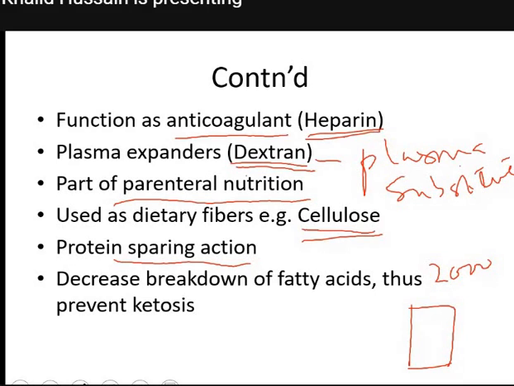In certain diseases, this energy need is increased. For example, in cancer, it may be 5000 calories. So when the energy demand is increased, the body starts breaking down its proteins to meet this energy.